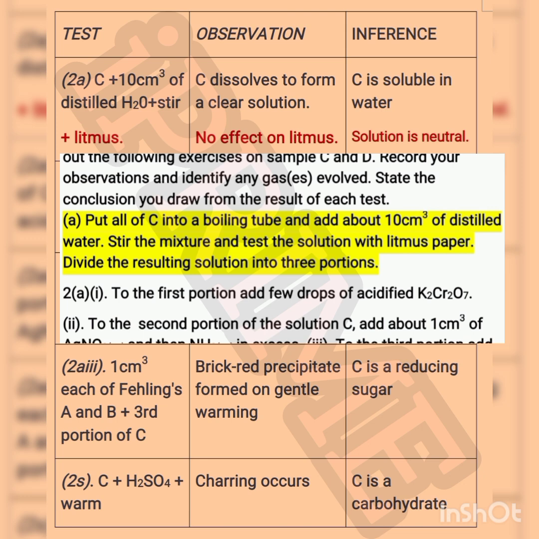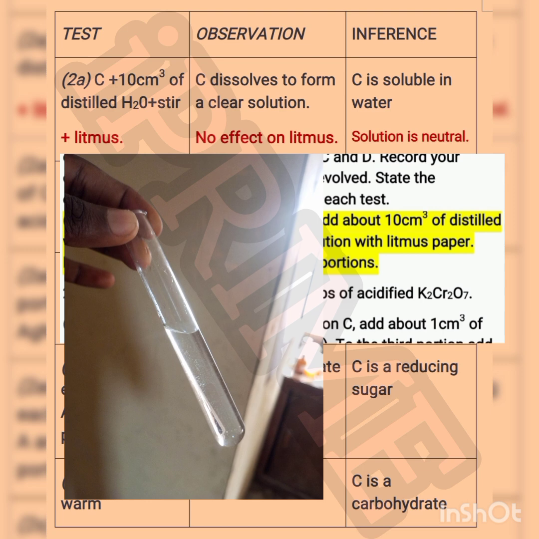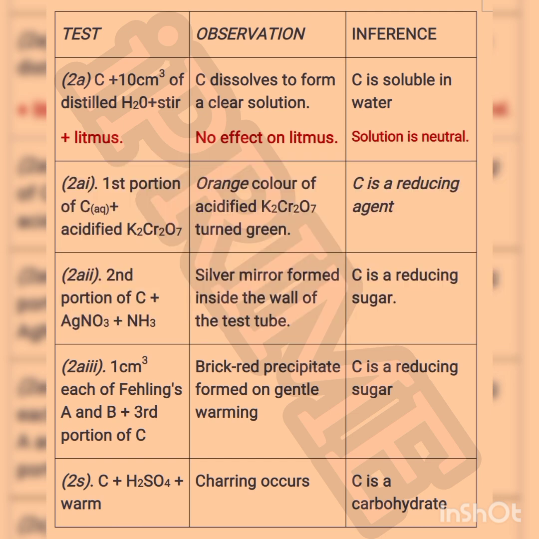It will be observed that C dissolves in water, at the line where you made the test of C plus distilled water, then plus stir. So the observation there should be C dissolves in water, and under inference, C is a soluble compound.